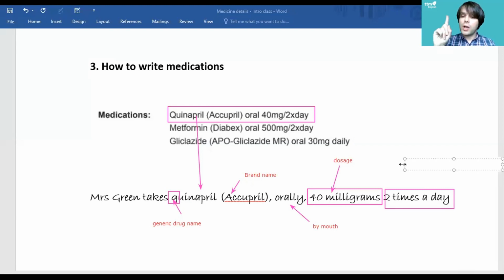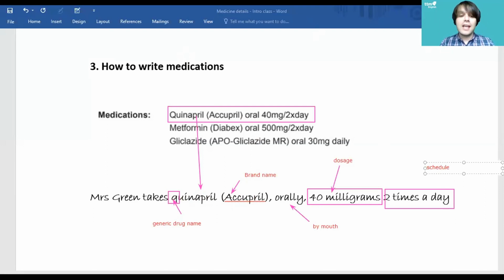So long as you do one of them, that is correct. But copy me if you want. You can use mine. So generic one, then the brand.